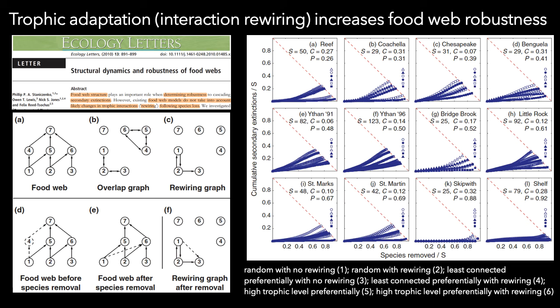In the rewiring model, following the primary extinction of a species, each of the removed links is considered for rewiring. So, for the remaining prey species, there is a set of potential predators from the closest neighbors in the rewiring graph.